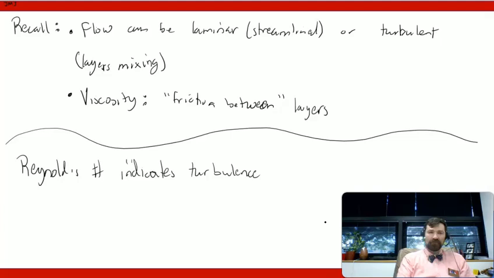Now there are several ways of looking at that. One method is that you can look at flow rates through a tube, for example. Another is that you can look at drag on or around an object, and that actually represents a modified Reynolds number. So there's not only a Reynolds number, but also a modified Reynolds number.